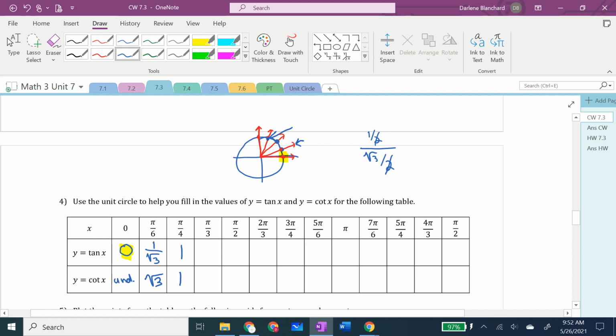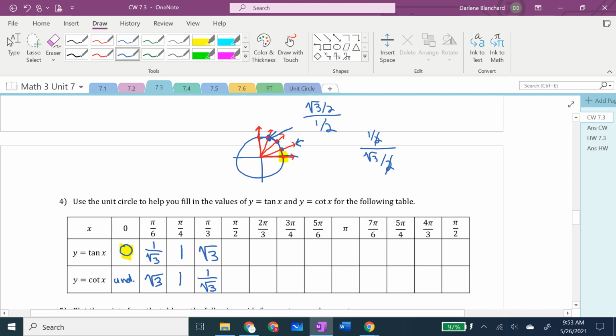The y-coordinate of this point is √3 over 2. The x-coordinate is 1 over 2. So that means that the tangent's value at pi over 3 is √3. When I reciprocate that for cotangent, I get 1 divided by √3.